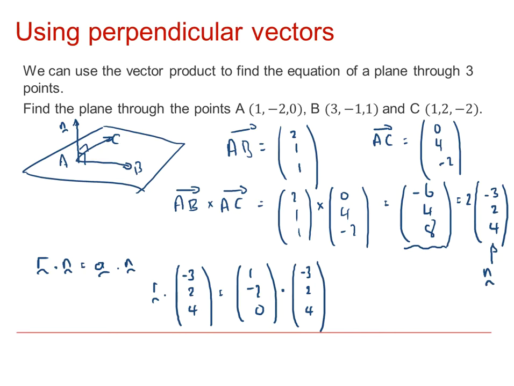Or in other words, r dot (-3, 2, 4) is equal to, if you calculate the dot product there, minus 3 and minus 4 gives a total of minus 7.